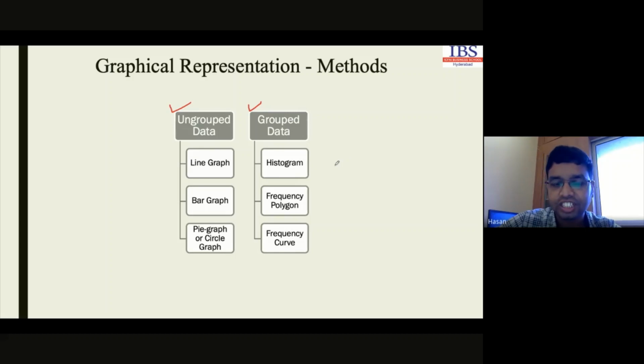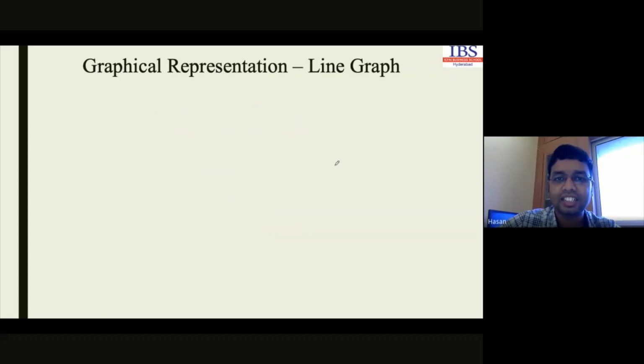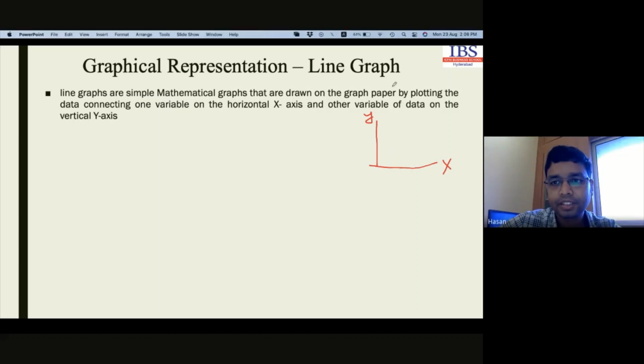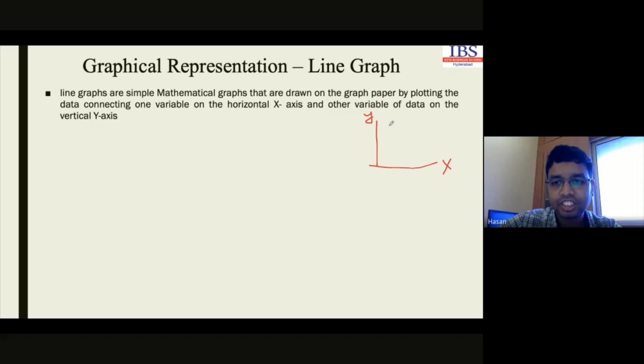So I'm going to start with the very basic one, line graph. What is a line graph? A line graph is a simple mathematical graph which has two different axes, x and y, and we put the values on the graph based on the combination.